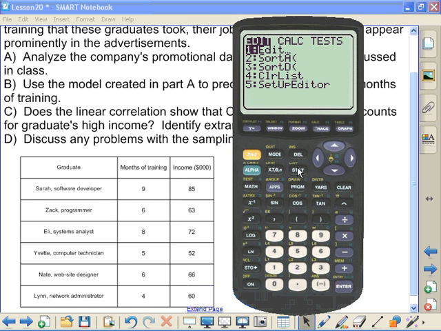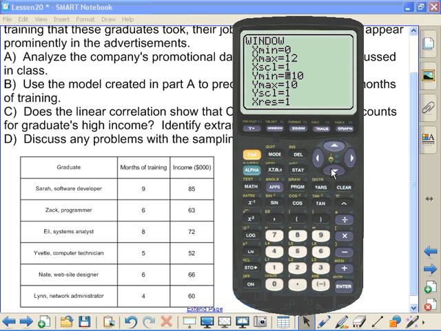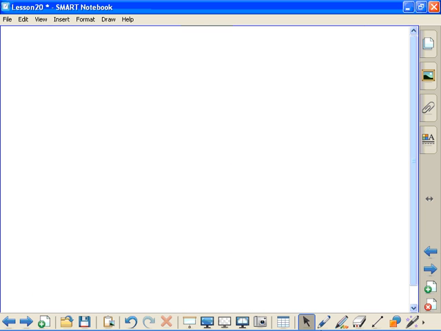Now I'm going to go back to the list, and in the other column, the Y column, I'm looking at salaries ranging from 52 to 85,000. So I'll go from say 50,000 to 100,000, and graph it and see what happens. When I first look at this data that's provided, I notice that it's in that realm of reasonableness.